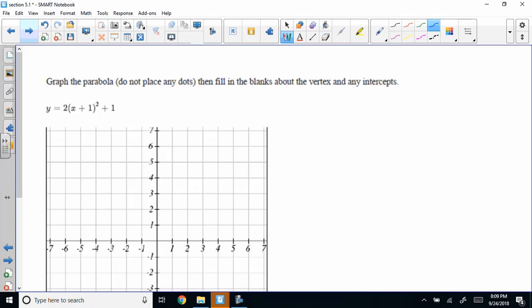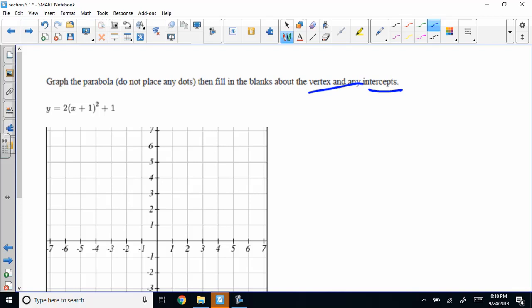Lord help them. Off your computer screen? No. You can. Just you got a surface. So, anyway. Then fill in the blanks about the vertex.